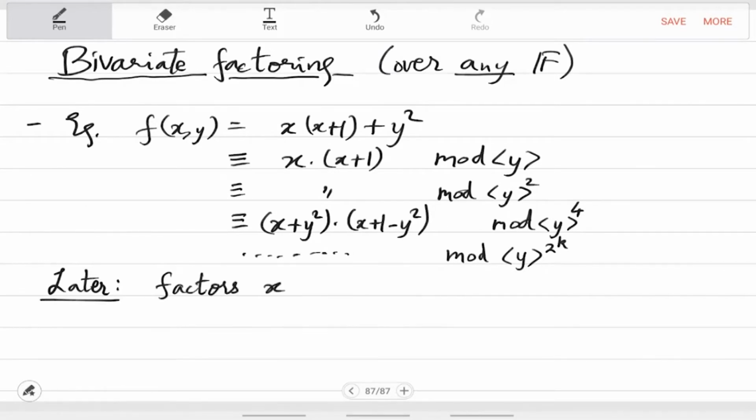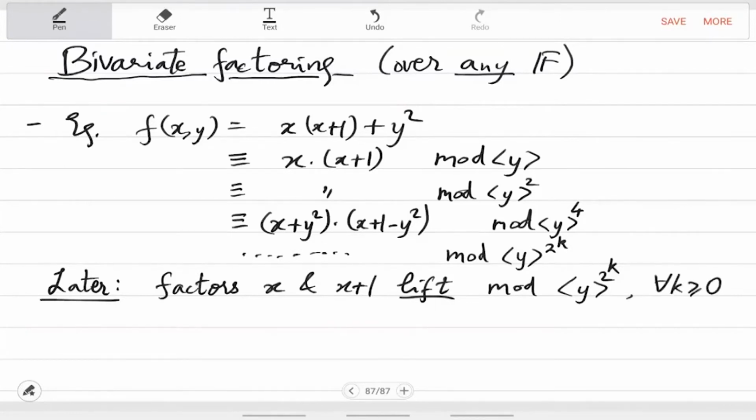So factors x and x plus 1 lift mod y raised to 2 raised to k for all k. That we will see next.